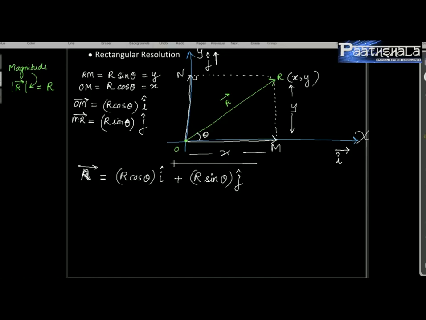And this particular representation of the vector r is called a rectangular resolution of the vector.